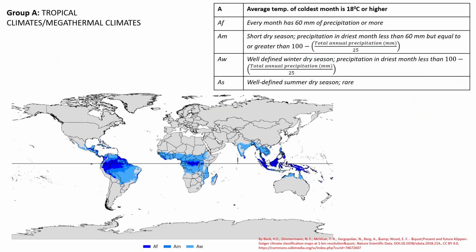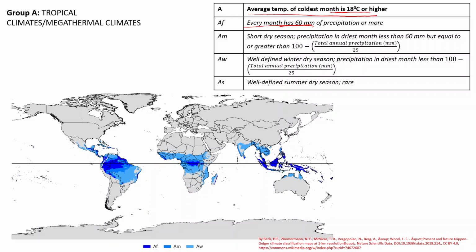So the group A, that is the tropical climates or the megathermal climates. For any climate to be classified under group A, the average temperature of the coldest month should be 18 degrees or higher. Now Af, if you remember, Af was the rainforest. So Af is all the seasons are wet or constant rain. So every month has 60 millimeters of precipitation or more. Now, in this case, you will have the constant rains.